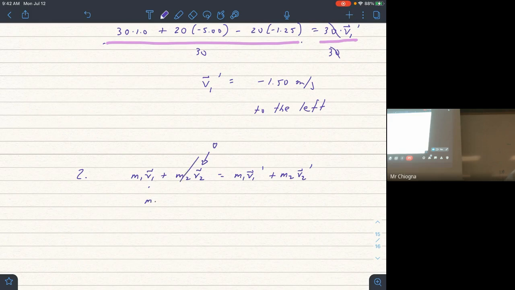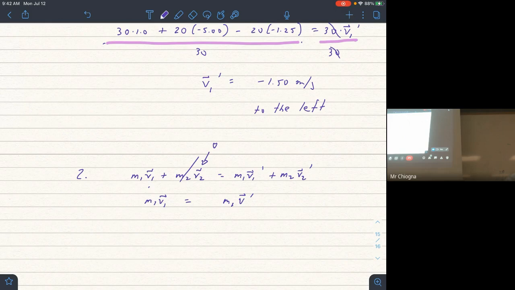So I'm just going to be left with M1 V1 on the left. On the right, they stick together. If they stick together, they're no longer separate. That means that you could think of it as one object. You could do this: M1, drop the subscript.